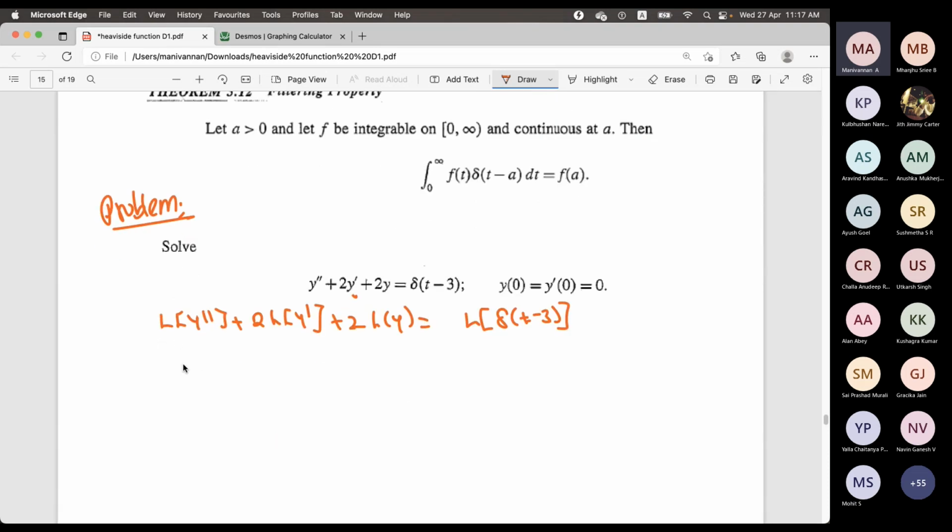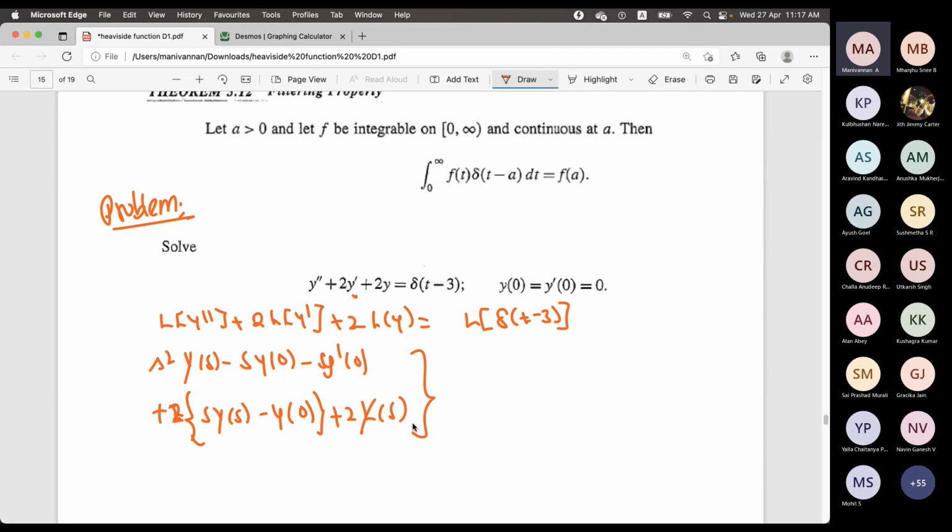Give me the answer here. It is s square Y of s minus s into y of 0 minus y dash of 0, plus 2 times s into Y of s minus y of 0, plus 2 times Y of s. Is it clear?